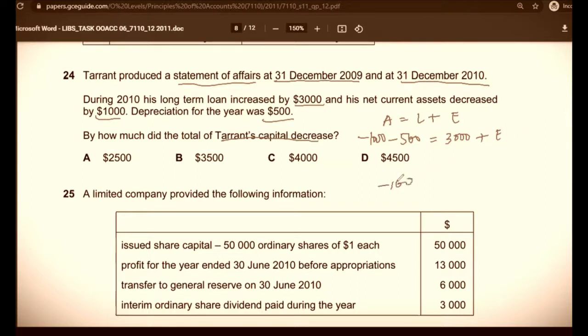So minus 1,000 minus 500 minus 3,000 equals E, and that will be minus 4,500 equals E. So this negative sign indicates the decrease, and the capital employed has decreased by 4,500. So the correct answer to multiple choice 24 is option D.